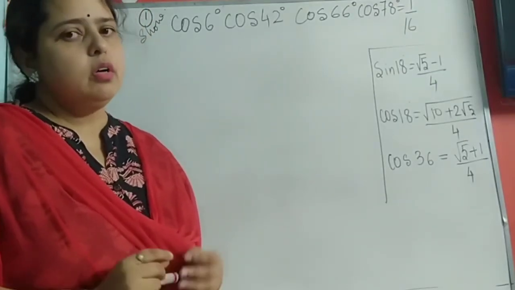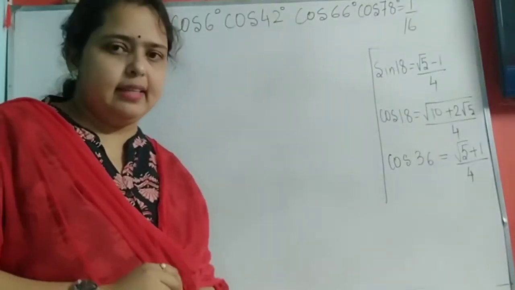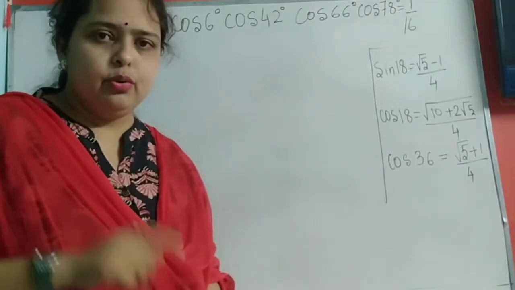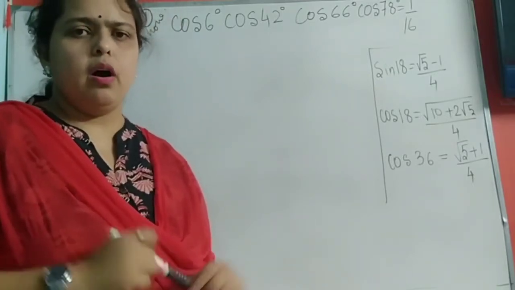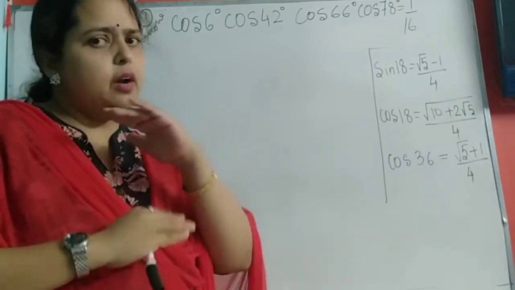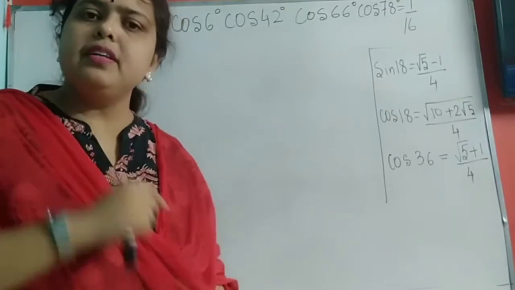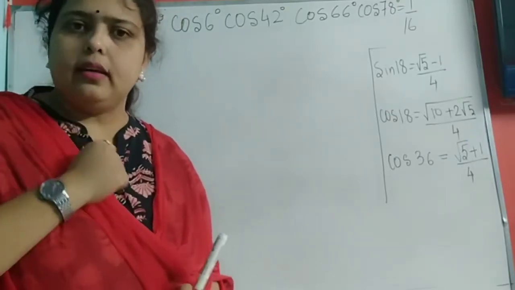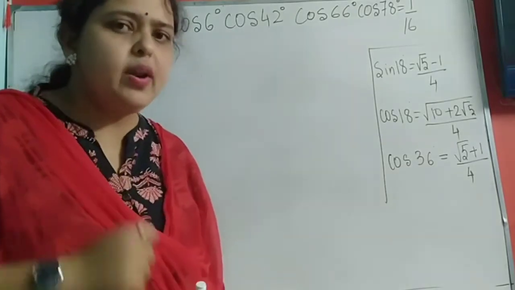Okay, so I will be proceeding in the same flow because I think that will be convenient for you to understand that particular process. Now, when we are going with that process, we always try to collect the cos angles which are going to yield some known angles for me.